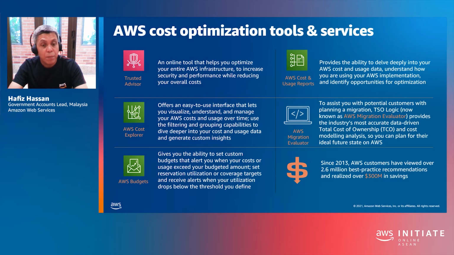For customers who are planning to migrate to AWS, we provide a migration evaluator tool. So this is a tool that can perform inventory discovery through an agentless collector. The collected data will then be used to provide a cost modeling analysis that shows potential savings when you migrate to AWS.